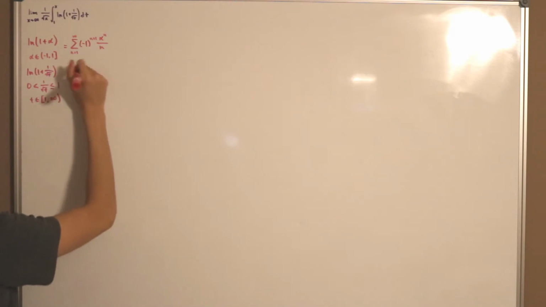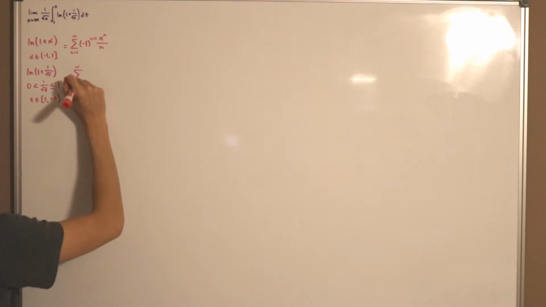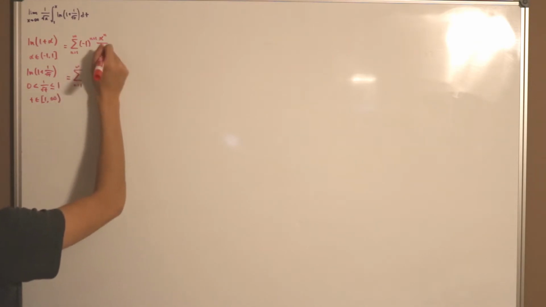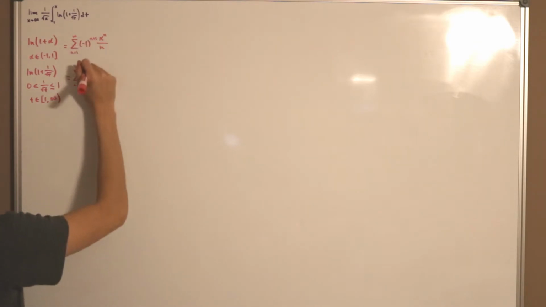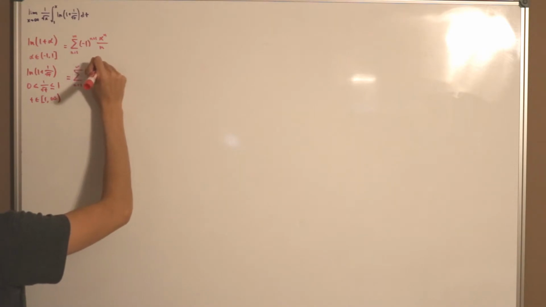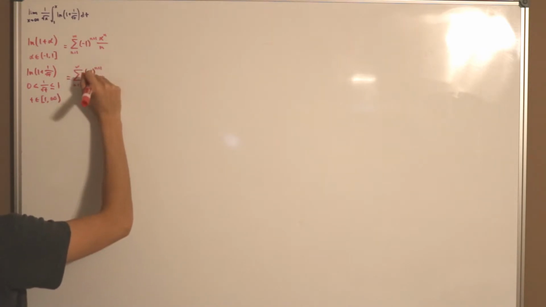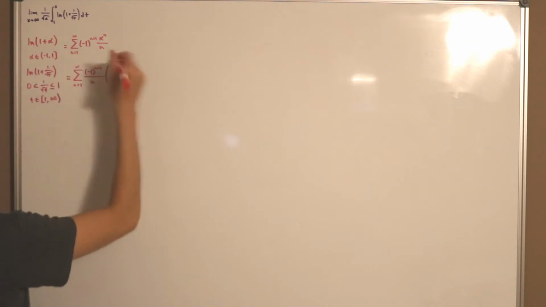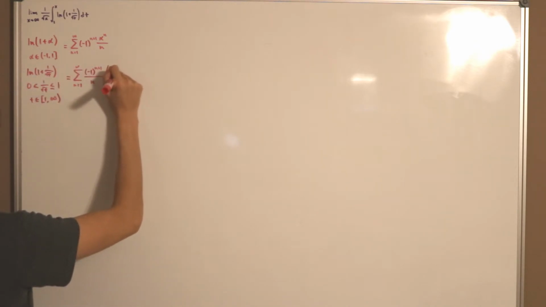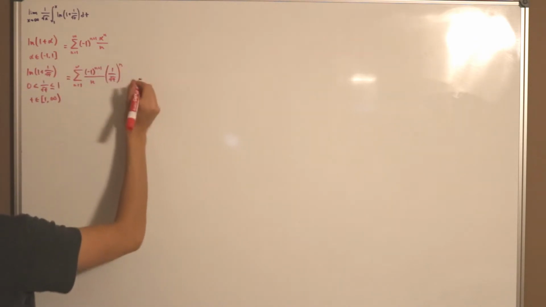Then its series can be rewritten as the sum from n equals 1 to infinity of -1 raised to n plus 1, divided by n, times 1 over square root of t raised to the n.